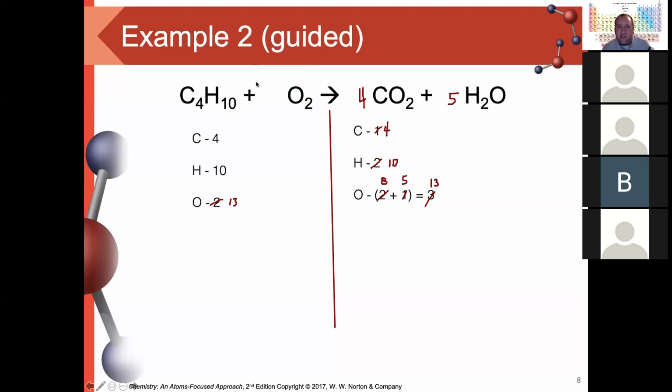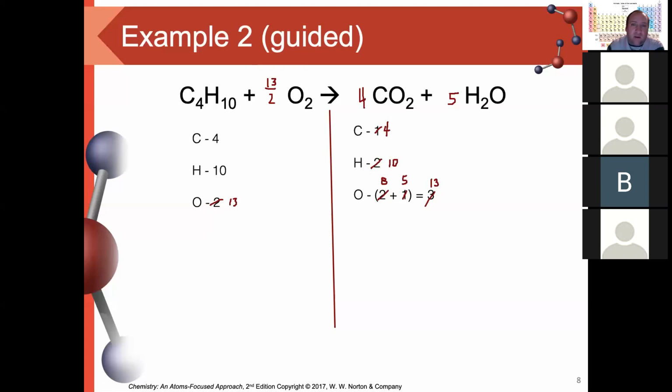Fractional form of 6.5 is 13 halves. But any way that you look at this, you'd go, oh, that doesn't really make any sense. From a molecular standpoint, how do I get half of a molecule? And the reality is, you're correct. You can't get half of a molecule.